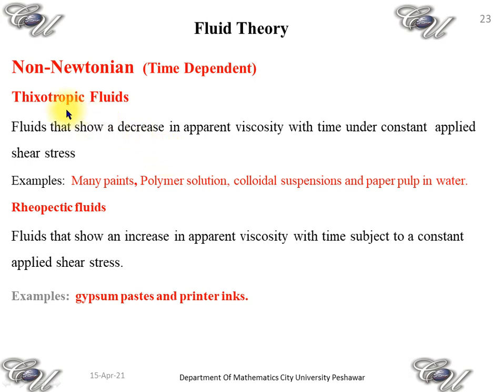But there are some fluids which you call thixotropic fluids, fluids that show a decrease in apparent viscosity with time under constant applied stress. The stresses are constant, you are applying the same stress, but after some time you will see that the fluid's viscosity has decreased. Now it becomes thinner.